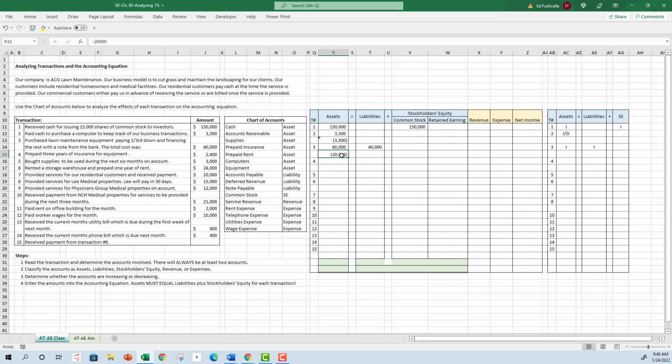Now notice my accounting equation balances. I have $40,000 in assets net and $40,000 in liabilities. So my assets ultimately increase, and so did my liabilities for this transaction.